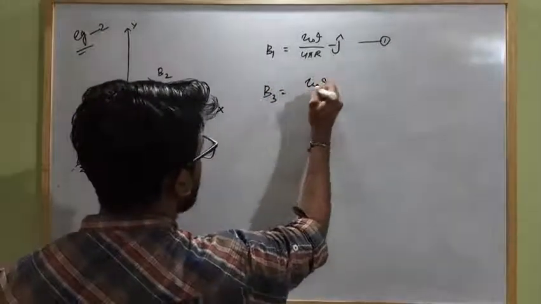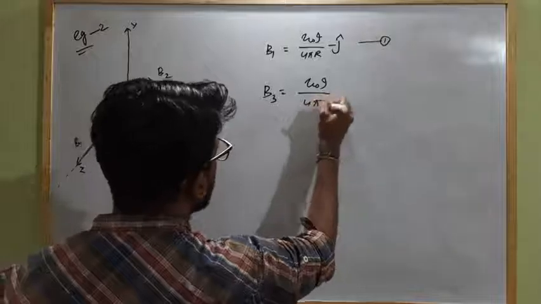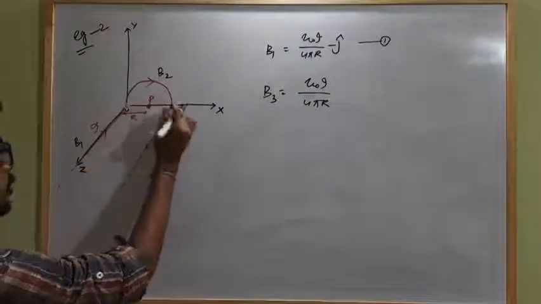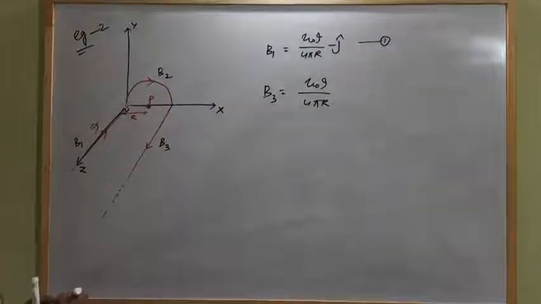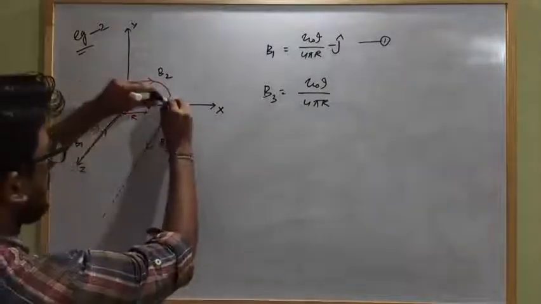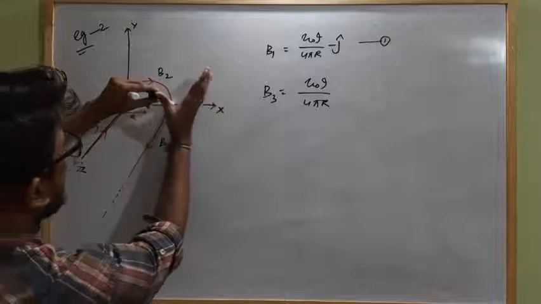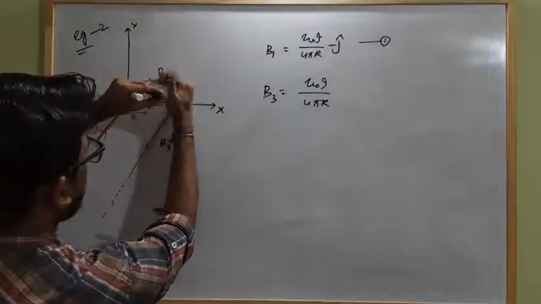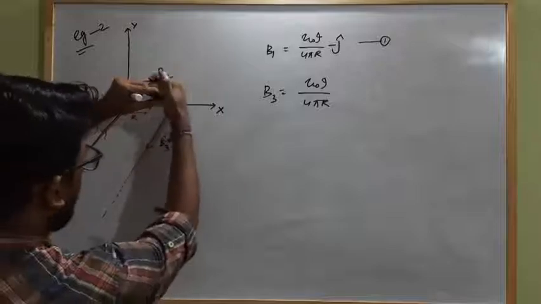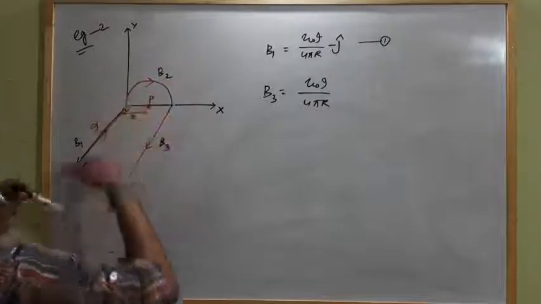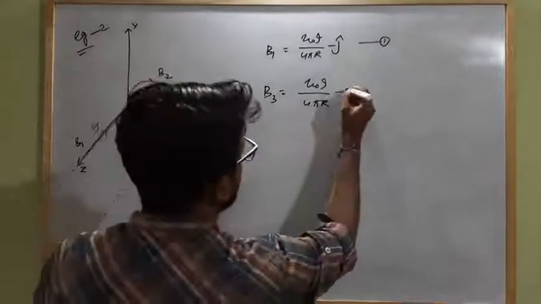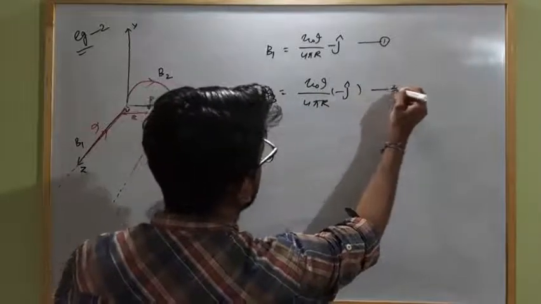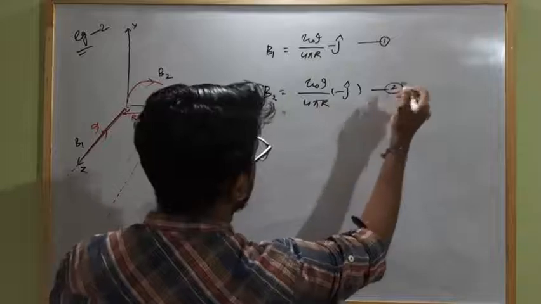Mu naught I by 4 pi R, same as that of an infinite long straight conductor where the point of observation is close to this end. But here the current in this conductor is outward. So when again we curl the fingers, the magnetic field strength at this point P will be again in the downward direction, that is again in minus j cap.